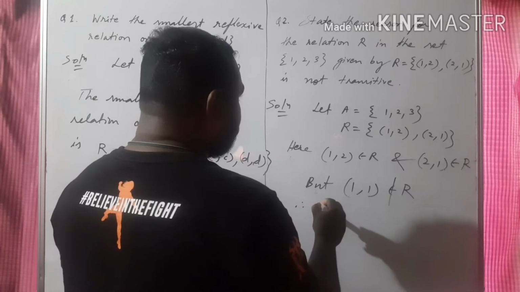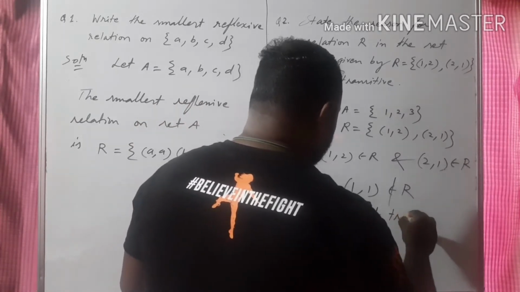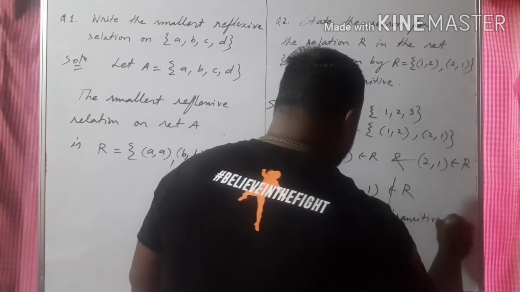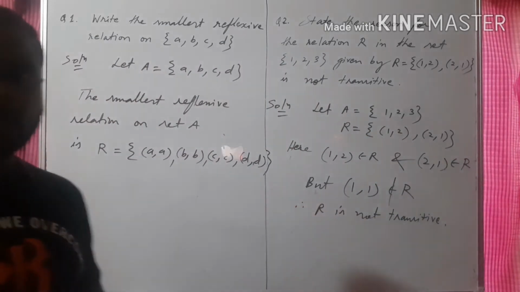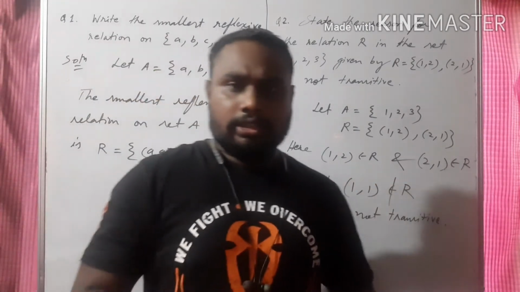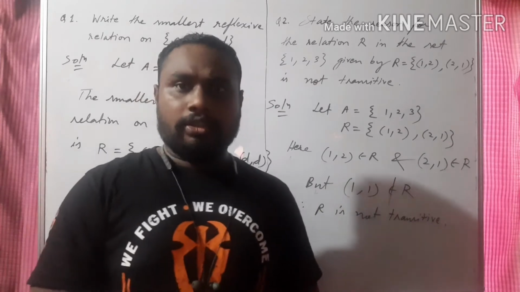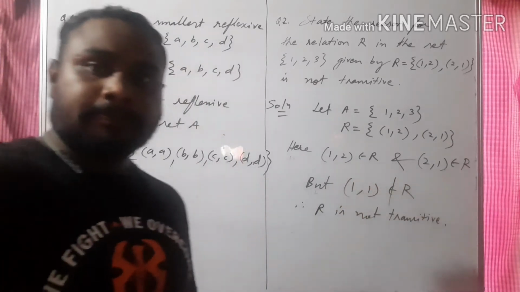Therefore R is not transitive. So I have written the reason here. Okay, so these questions are for 1 mark only. So first of all I am doing some important questions which carry 1 mark. Okay, so let's see the next question.